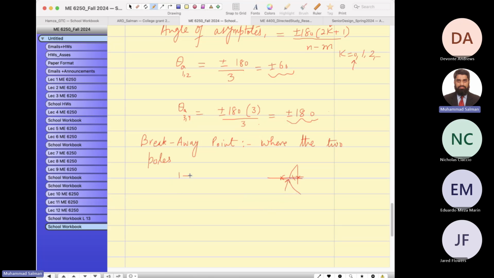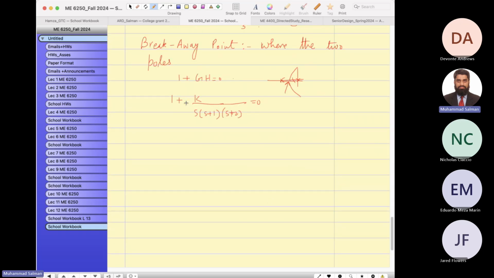The equation of the root locus is 1 plus GH equal to 0, and GH can be written in the form of polynomials: k over (s plus 1)(s plus 2) equals 0. And from here we have to define k. Take k on the left hand side, and you are left with negative (s plus 1)(s plus 2).